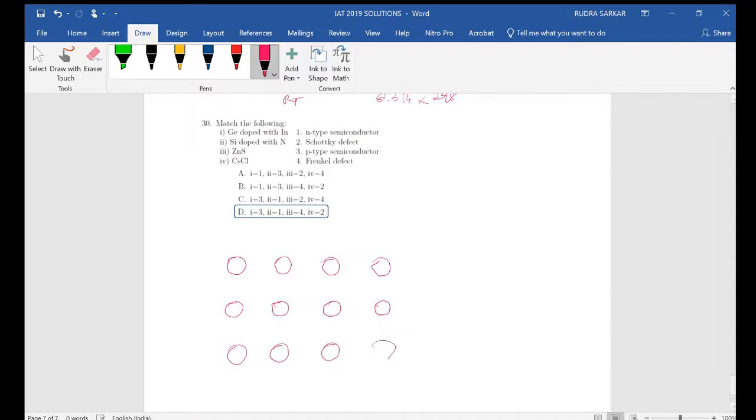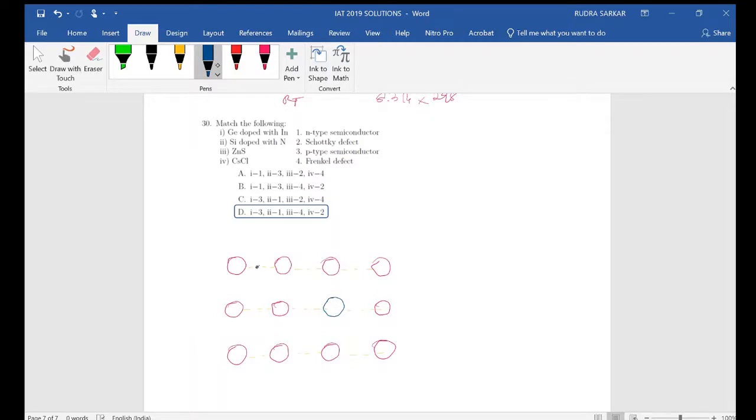Germanium has the valency 4. So all these are interlinked like this, and they are neutral. Now if you dope one germanium with indium, suppose there is an indium over here.